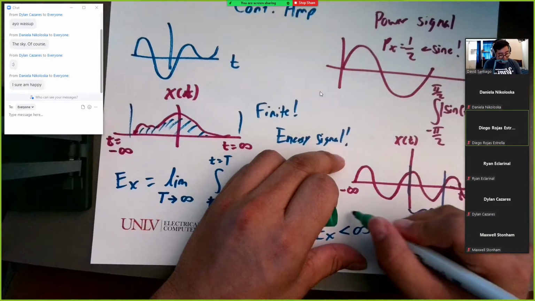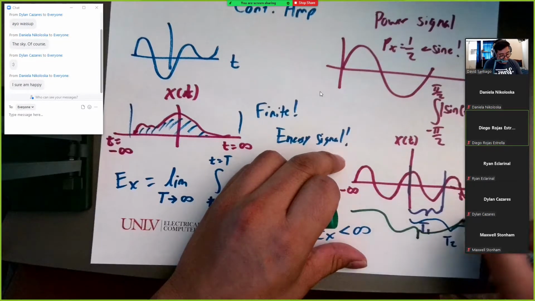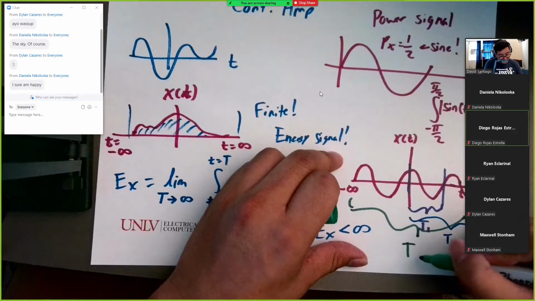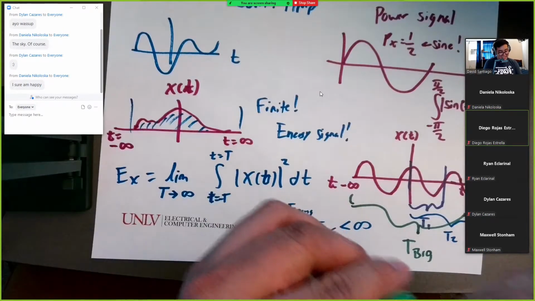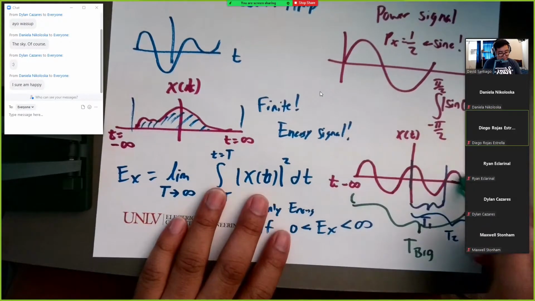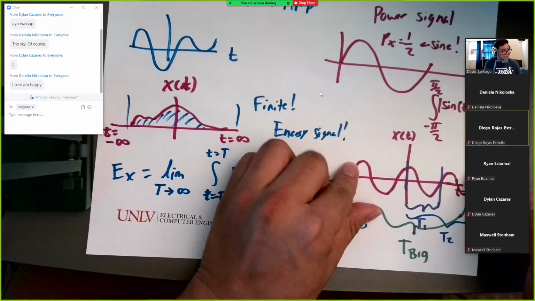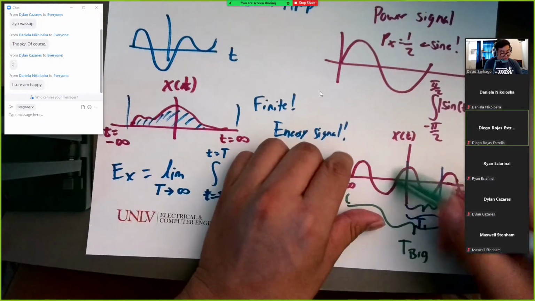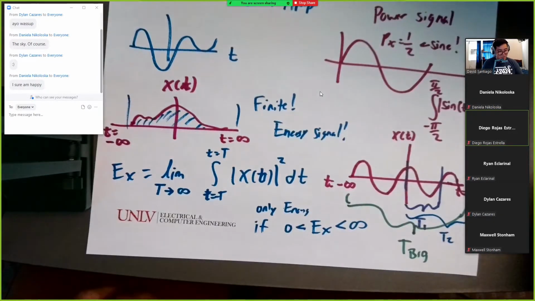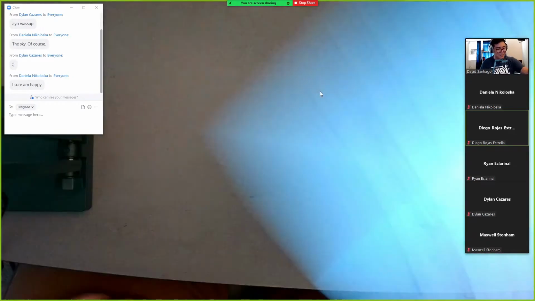We just divide by however much time you have, so from here to here, t big. That's how you integrate an entire power signal, an entire periodic signal, and then keep it bounded. So this is a keyword I'm trying to get to.